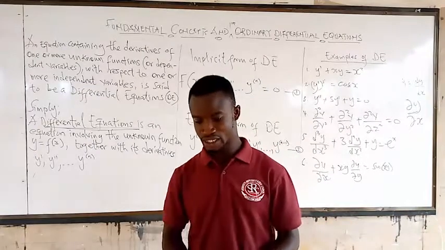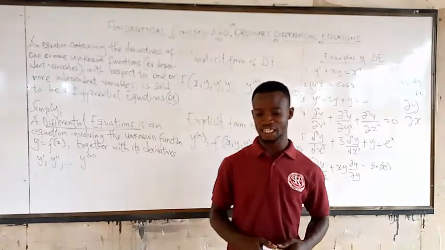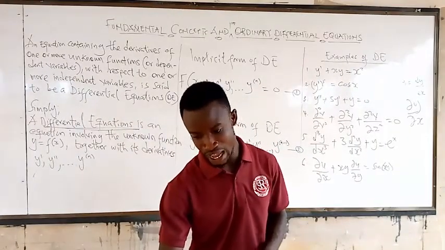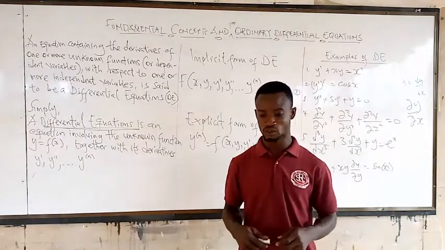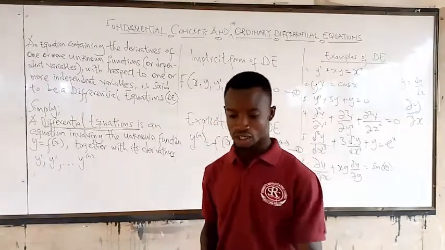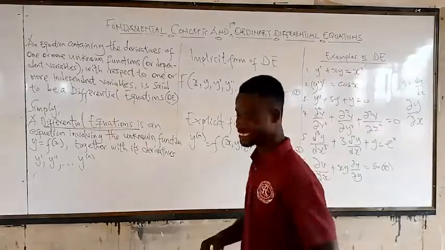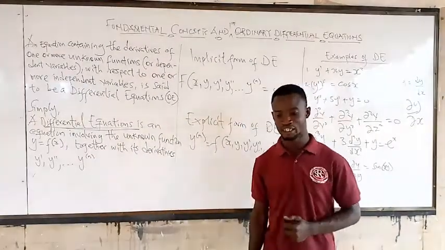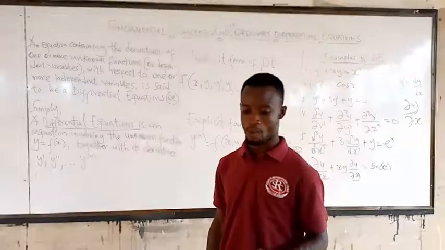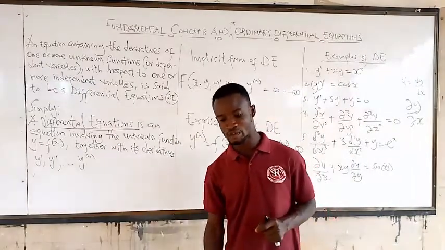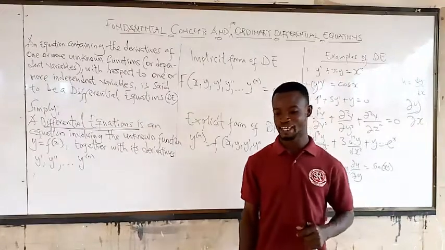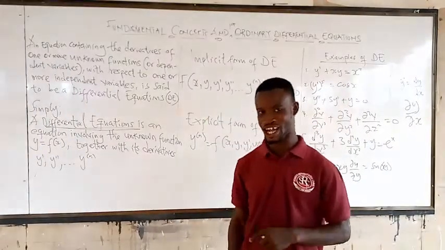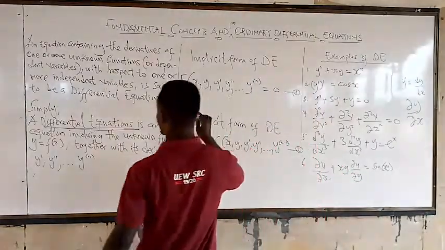So when we say a differential equation, what are we actually trying to say? Please write it. If a differential equation contains only ordinary derivatives of one or more unknown functions with respect to a single independent variable, it is said to be an ordinary differential equation. Alright, let's write.